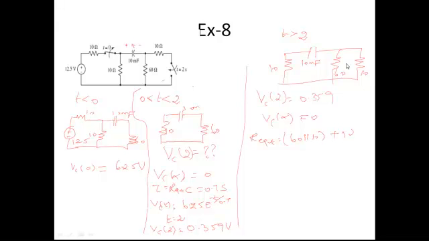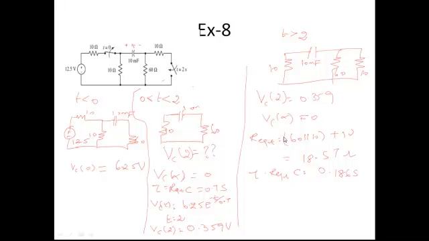These two are in parallel, and that combination is in series with this. So 60 ohms in parallel with 10 ohms plus 10 ohms will give you R equivalent equal to 18.57 ohms. And tau is equal to R equivalent into C, which is equal to 0.186 seconds.